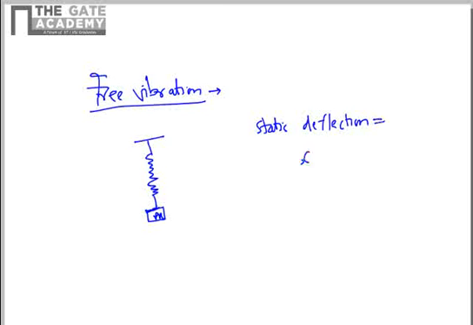Let's say x static is equal to, that too you can get from your equation, that F is equal to kx. So F is the static force in the system. The static force will be equal to the weight due to gravity, so mg is the static force.